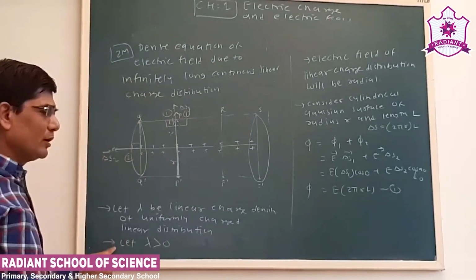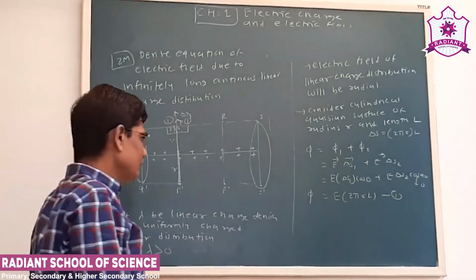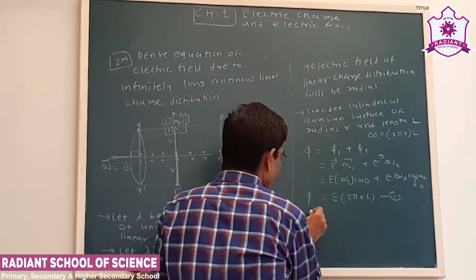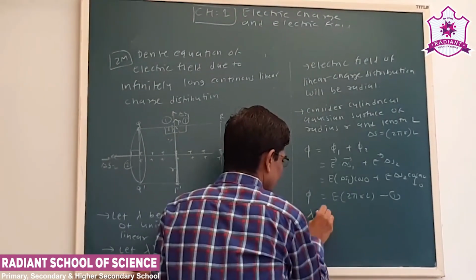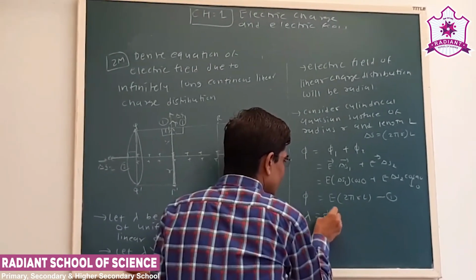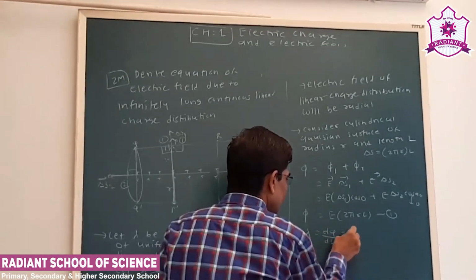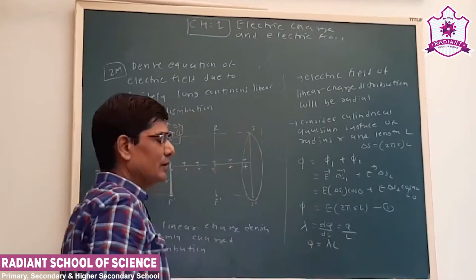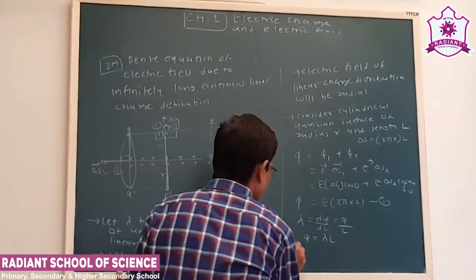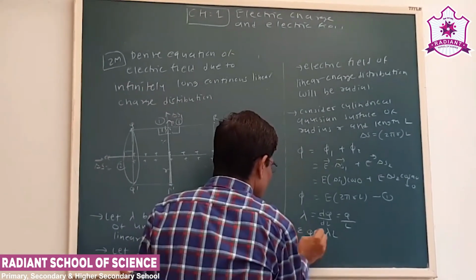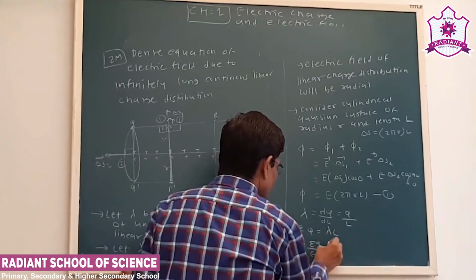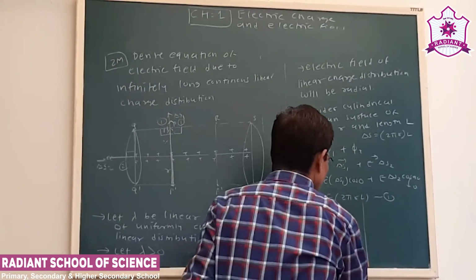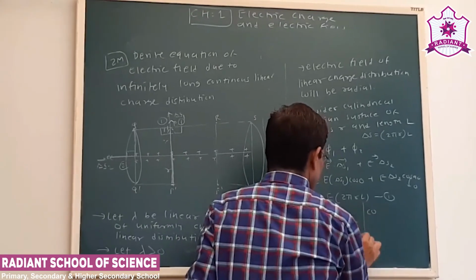Now here we are talking of the linear charge distribution, linear charge density. Lambda is given by dq by dl, or it's q by L. So q is equal to lambda L. Now by Gauss law, flux is sigma q upon epsilon 0, that is lambda L upon epsilon 0. Now we compare 1 and 2.